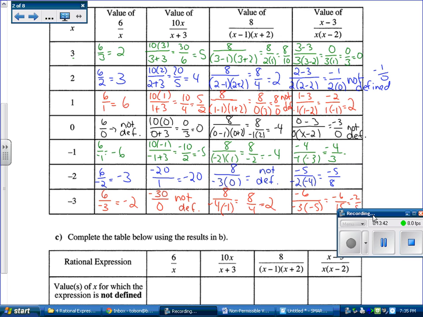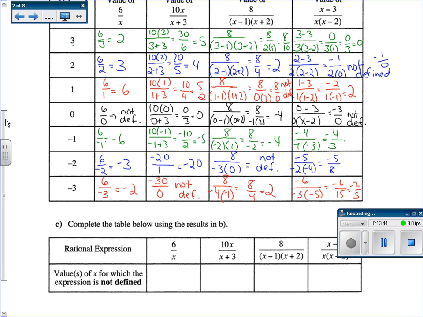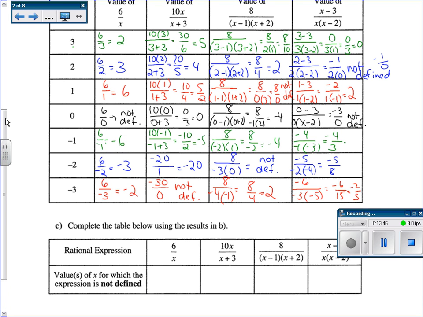So now the next part here is we want to complete the table below using the results in B. So we want to list the value or values of x for each of those 4 expressions where it was not defined.